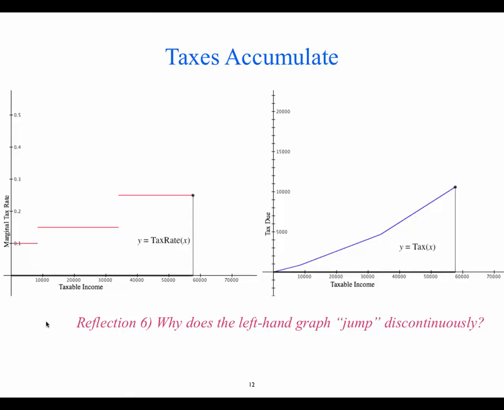Why does the left-hand graph jump discontinuously? Showing the different tax rates for each interval of income. So I come up to here, and it's $88,375 that I earn.